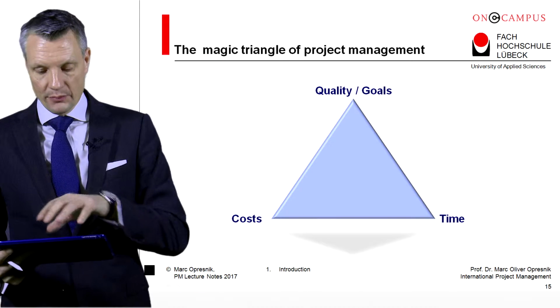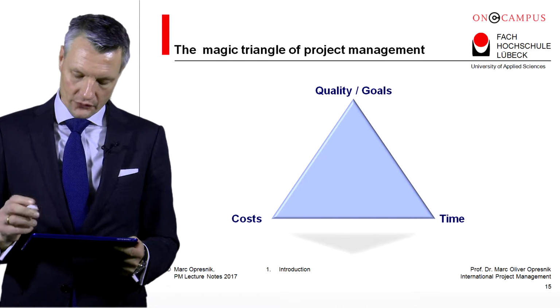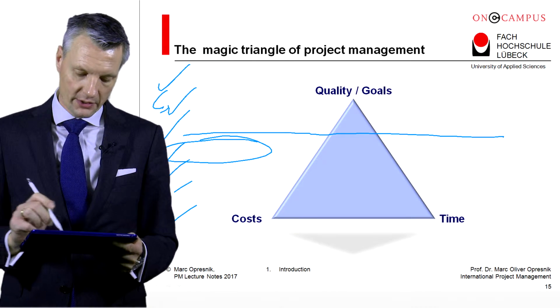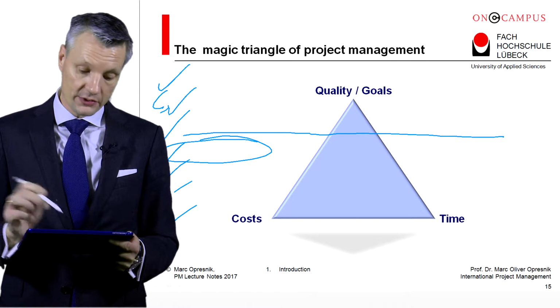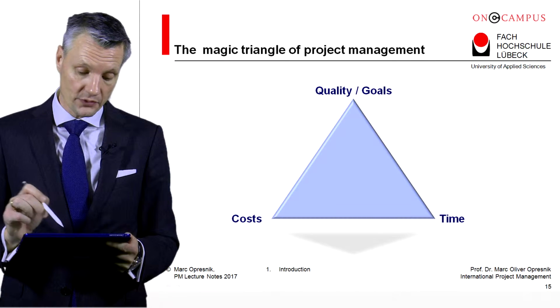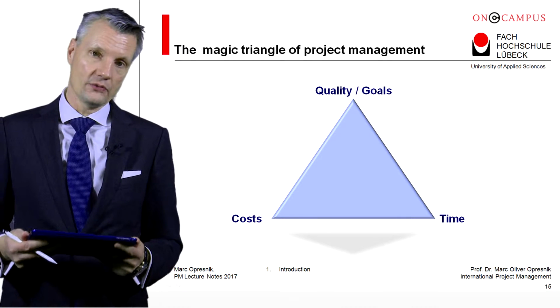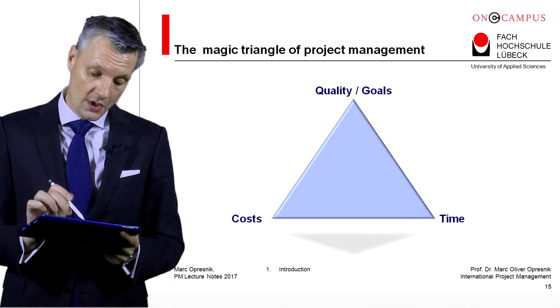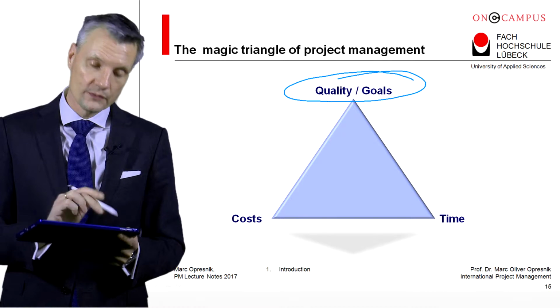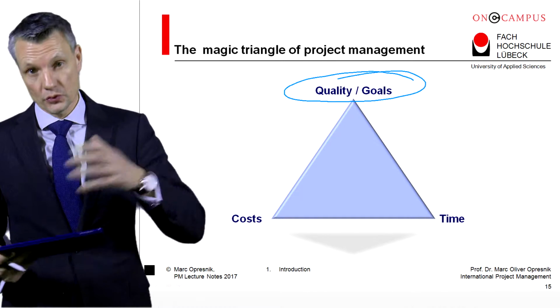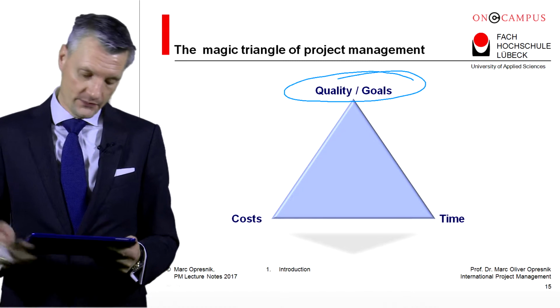This is a very important aspect of every project in organizations, whether they are non-profit organizations or for-profit organizations. This is what we call the magic triangle of international project management. On the one hand, we have the goals, so the objectives, and this is also related to quality.